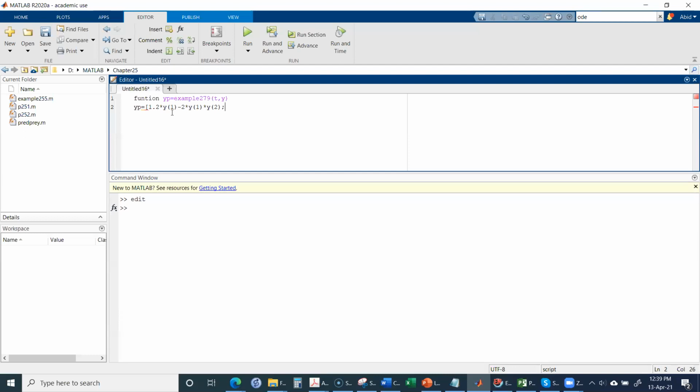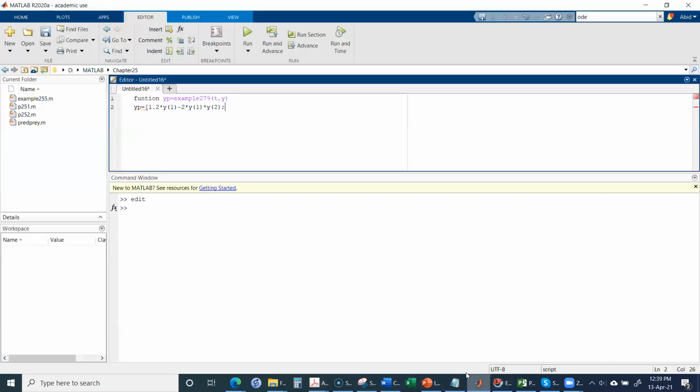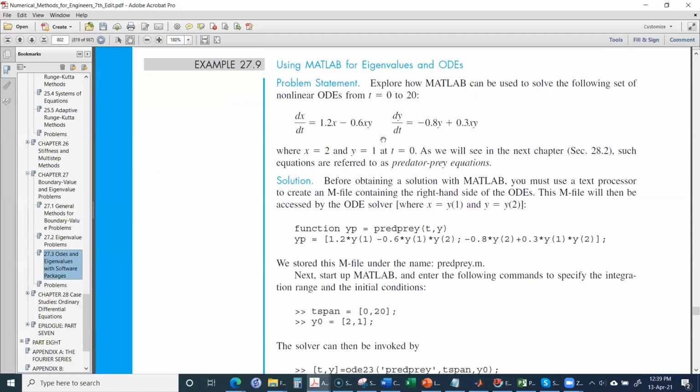So 1.2x minus 2xy, right? Yeah, 1.2x minus 0.6xy. Okay, not 2xy. So it is 0.6xy. Okay, so the next equation after this semicolon, we will represent as minus 0.8y plus 0.3xy.